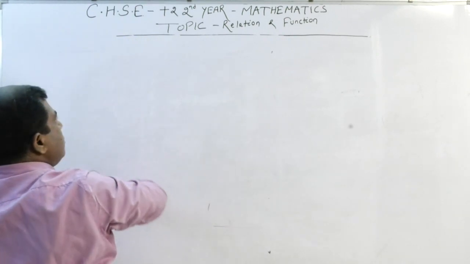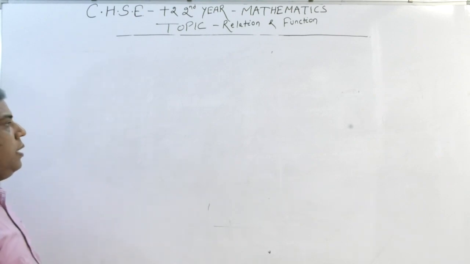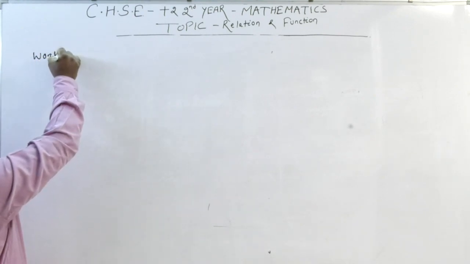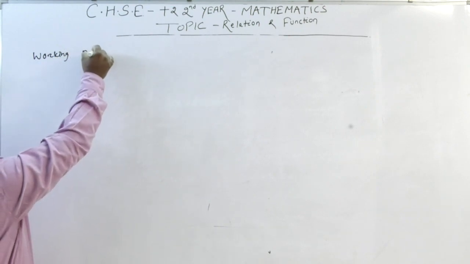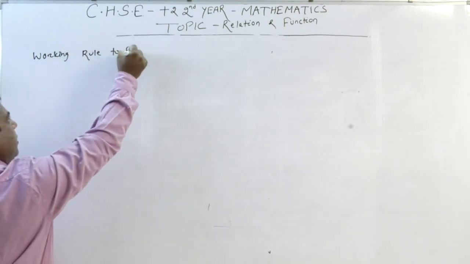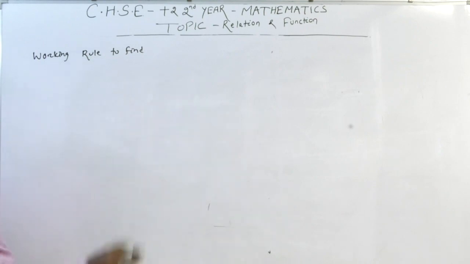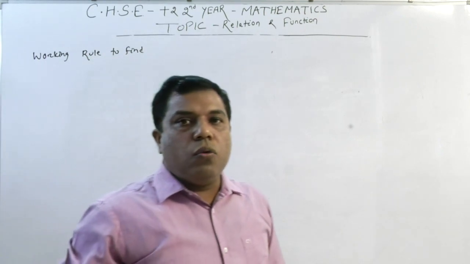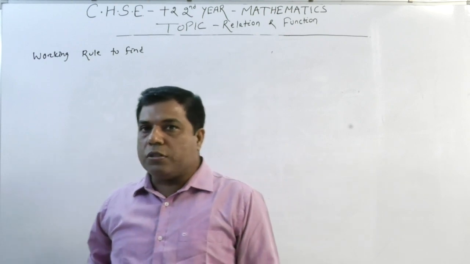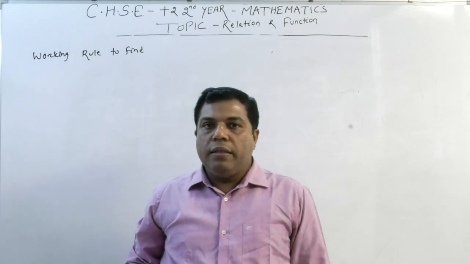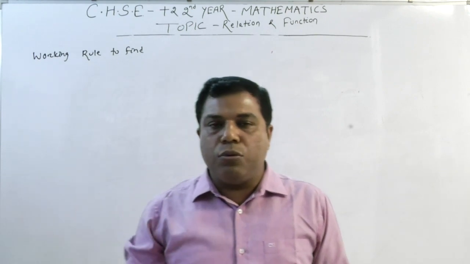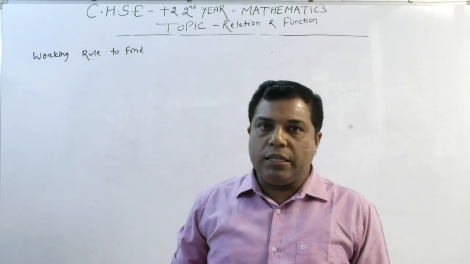So next we will proceed to see the working rule. What does working rule mean? The procedure adopted to find the inverse of a function. If a function is defined, it is obviously bijective in nature, or we have to check whether it is bijective or not.